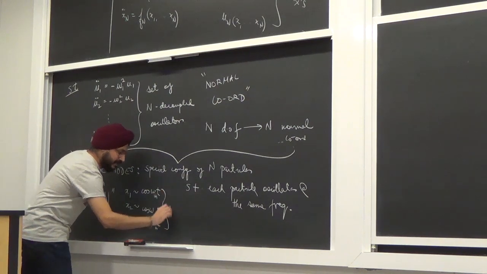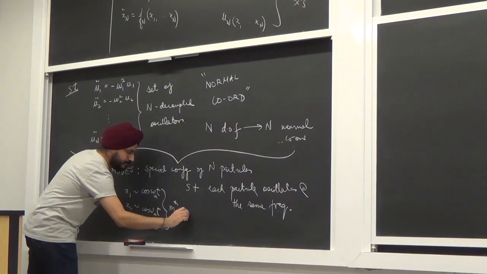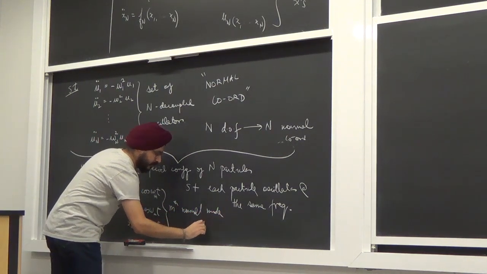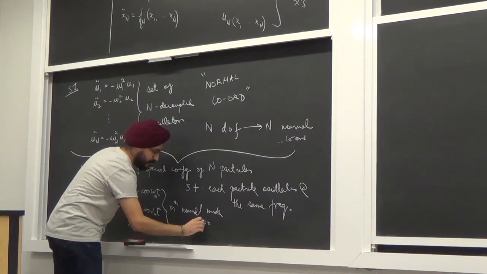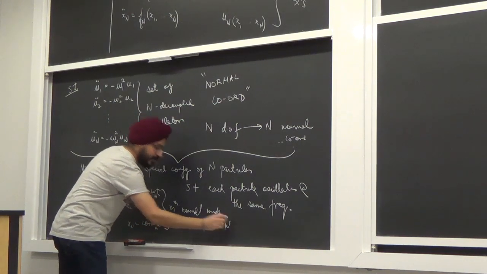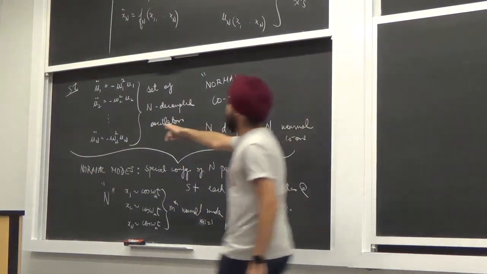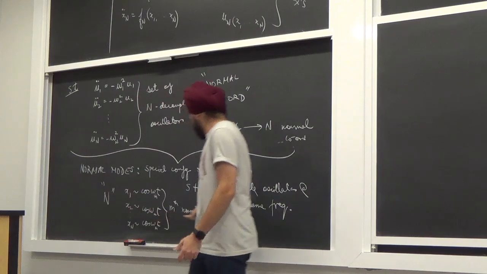This is the mth normal mode, and m goes from 1 through N.